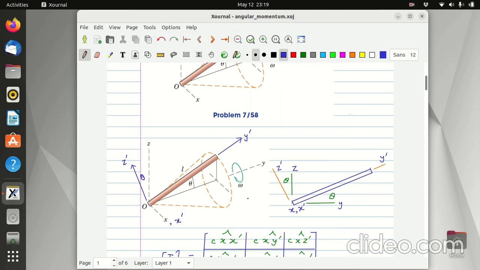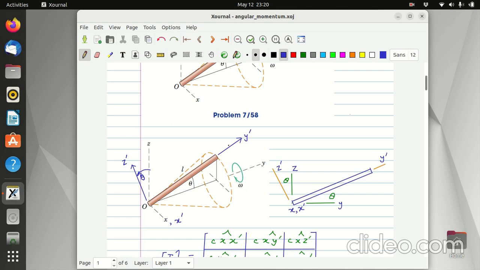So if we take the axes x dashed, y dashed, z dashed, and just rotate y and z about this x axis, x dashed is in the same position as x, y goes to y dashed, and z goes to z dashed.